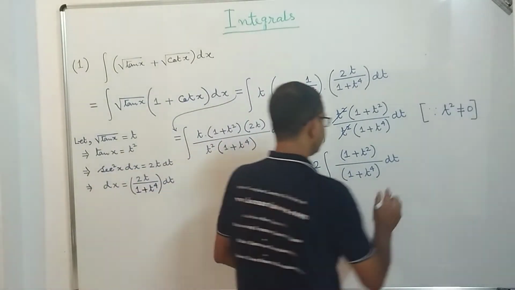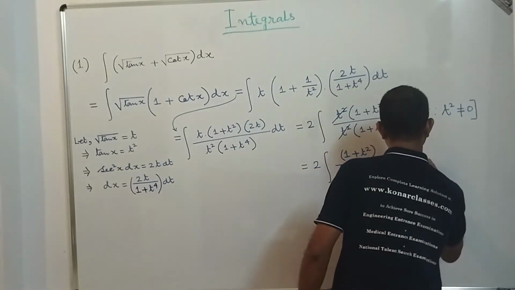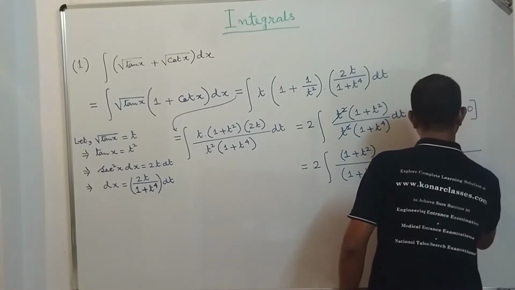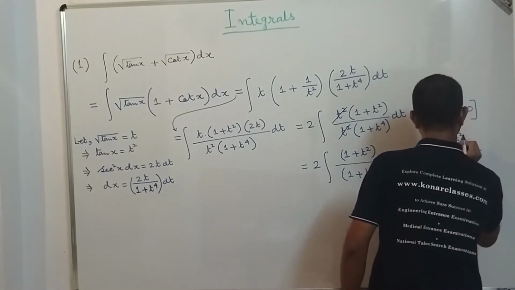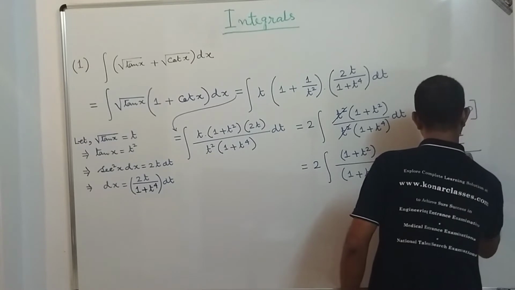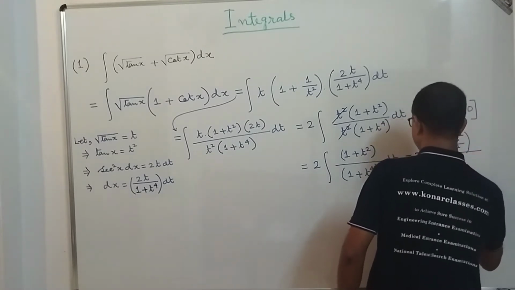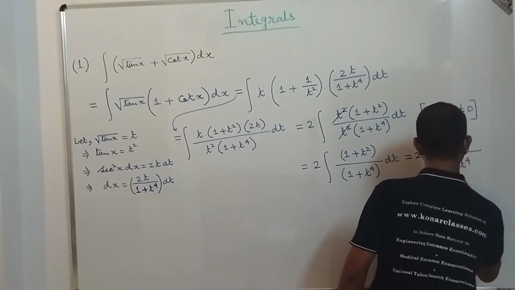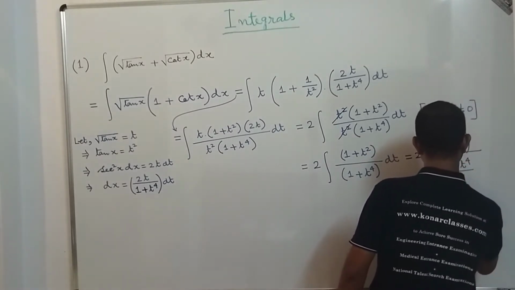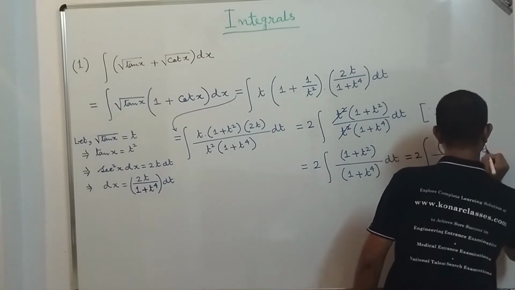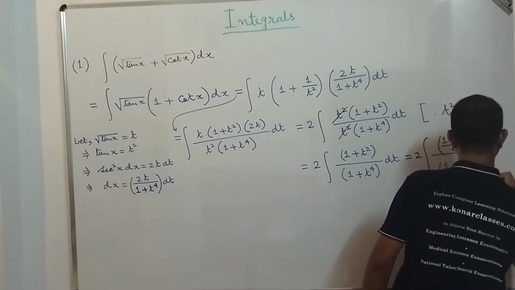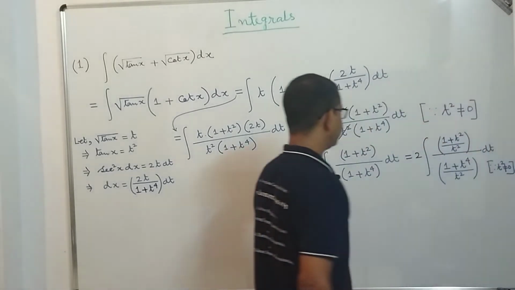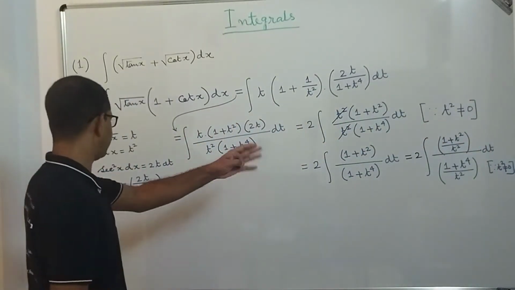So this is equal to 2 into integration, numerator 1 plus t square divided by t square, and denominator 1 plus t to the power 4 divided by t square into dt, and we can write in brackets since t square is not equal to 0, because if t square is equal to 0 the question doesn't make sense.